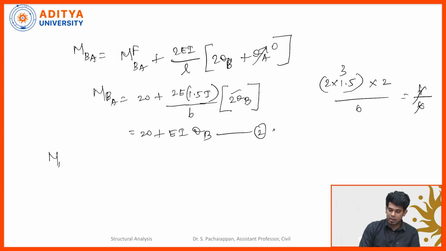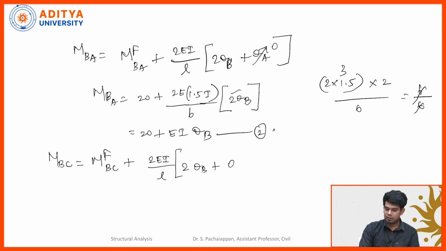Let's go for MBC. It's the second span. So the formula is MFBC plus 2 times of EI by L into 2 times of theta B plus theta C. Here I cannot put 0 for theta B as well as for theta C because both are simply supported.